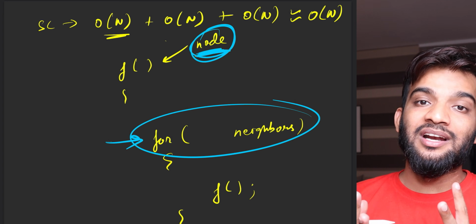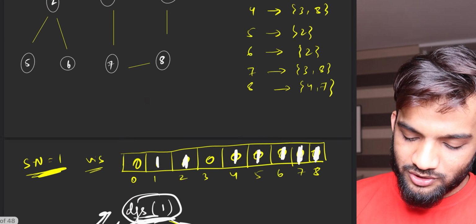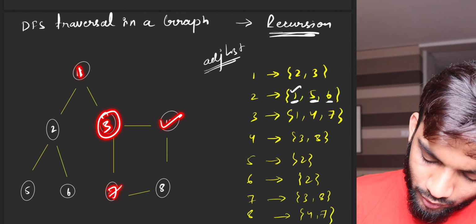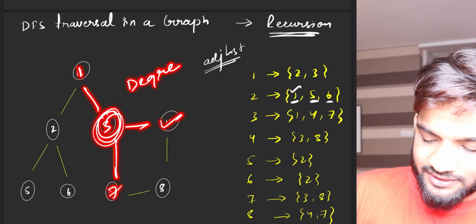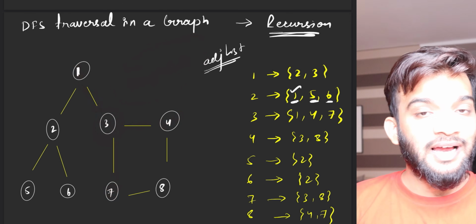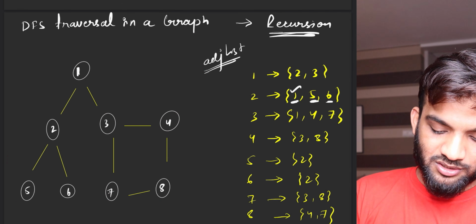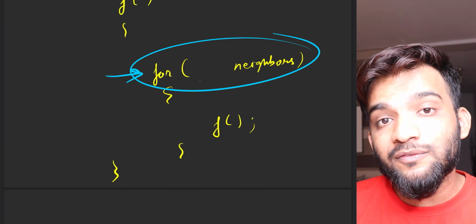So can I say for an undirected graph, these neighbors, for 3 the neighbors are 1, 7 and 4, which is the degree of the graph? Can I say it is the degree of the node? Degree of 3, yes. And for every node, can I say it will be the summation of degrees? So can I say it will be the summation of neighbors or the summation of degrees?